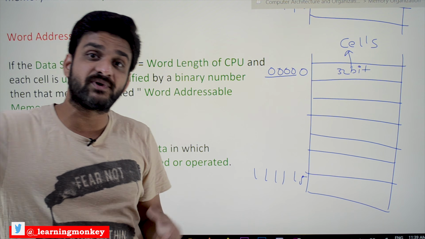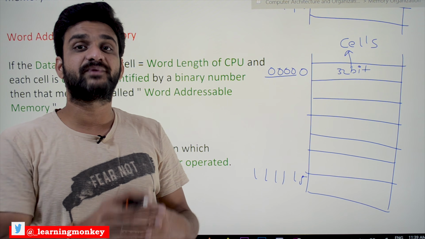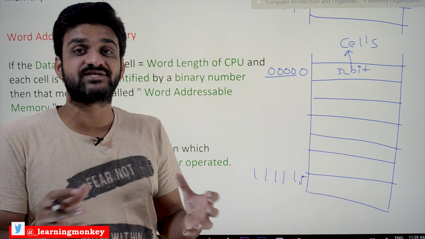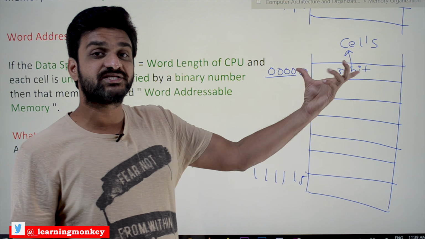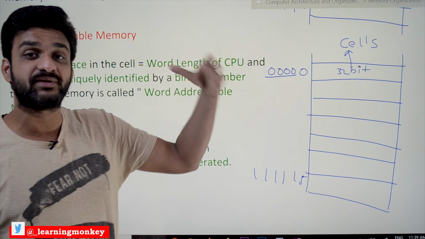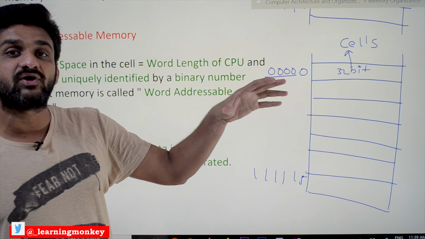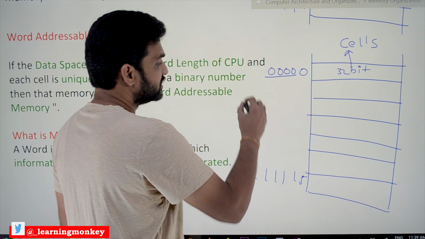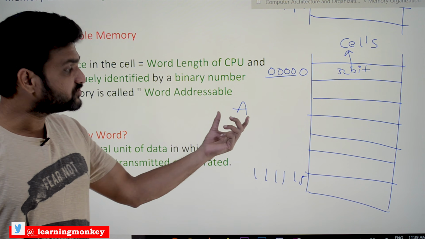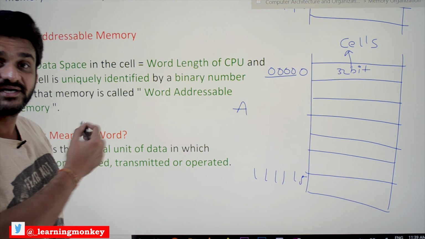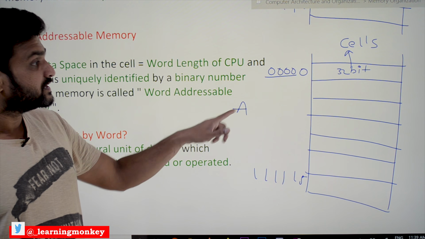So in order to perform arithmetic or logical operations on bigger integers, if the word size is more, we can perform calculations on bigger numbers. For example, if you want to store the ASCII code of capital A in this memory, it takes only 8 bits, but the remaining 24 bits are filled with zeros.